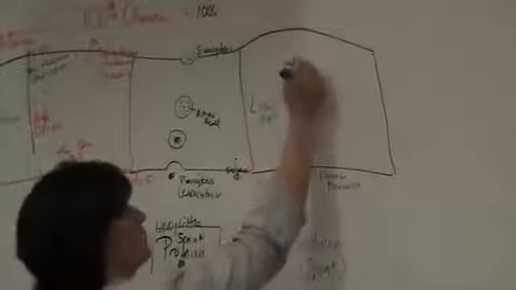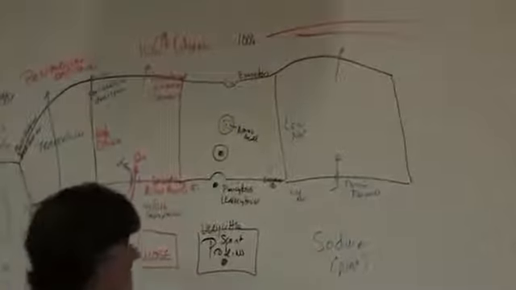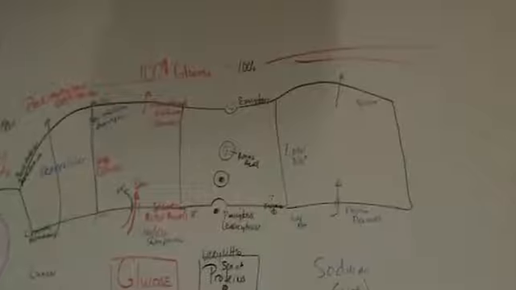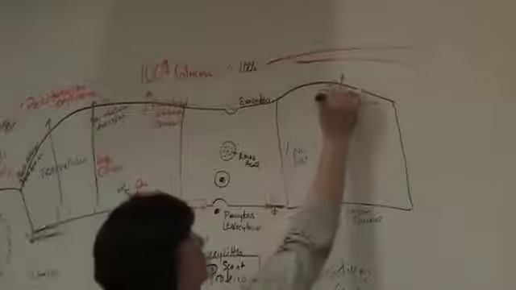So now I'm going to move sodium from where it's relatively low to where it's relatively high. Active or passive? We know it's going to be an active process. How do we pump sodium? Always pump. What kind of pump? Sodium potassium.